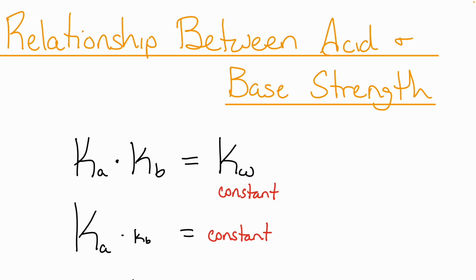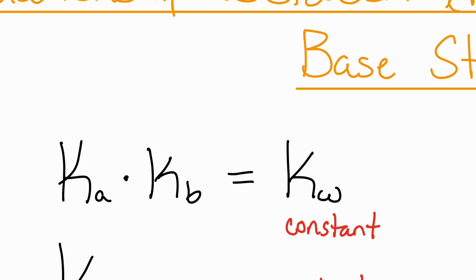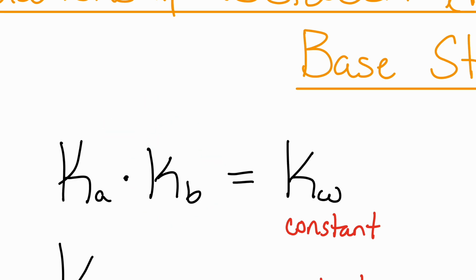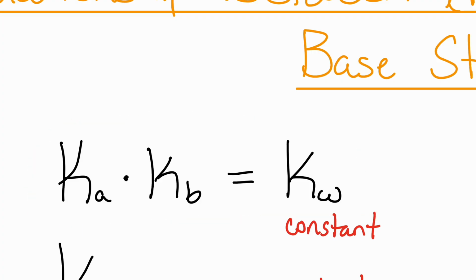These are both related where the product is always going to be that Kw, and we know Kw is 10 to the negative 14, right? So they're always going to be equal to that same 10 to the negative 14. So even though I have a Kb, I can find the Ka of this buffer system. I just need to use this relationship here in order to do it.